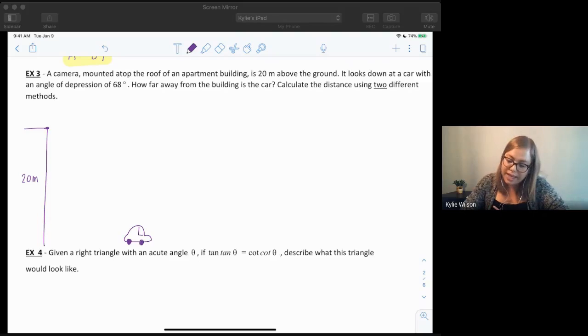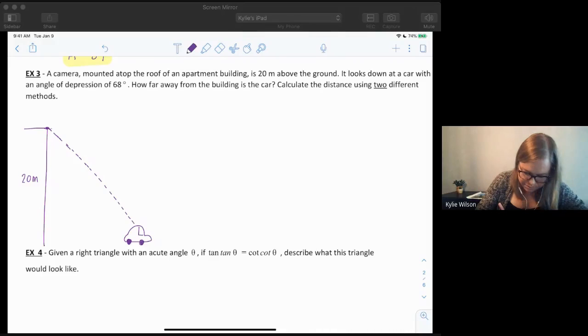So our camera is looking down at the car, and it's looking down at the car at an angle of elevation of 68 degrees. Sorry, an angle of depression of 68 degrees.